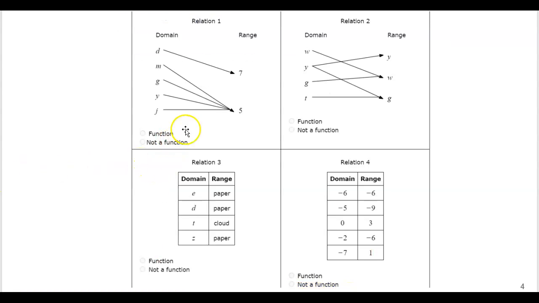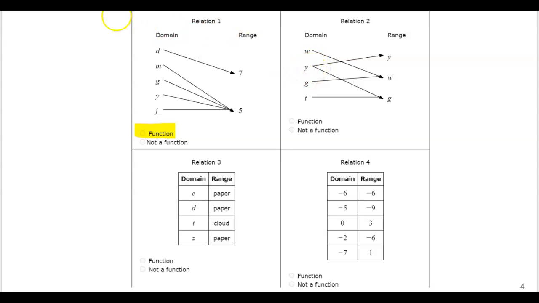If we look at these two graphs in relation 1 and relation 2, I'm seeing if there's multiple arrows, so I'm looking, do any of my inputs repeat? They do not, so yes, it's a function. It's kind of hard to tell. Here, do any of my inputs repeat?